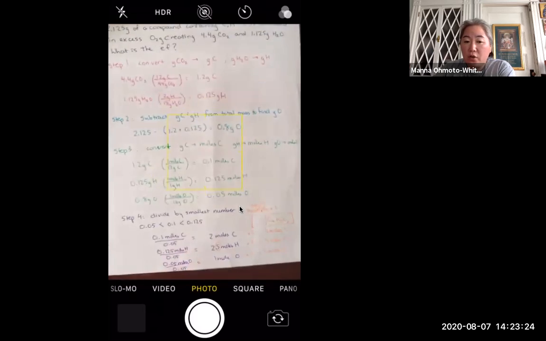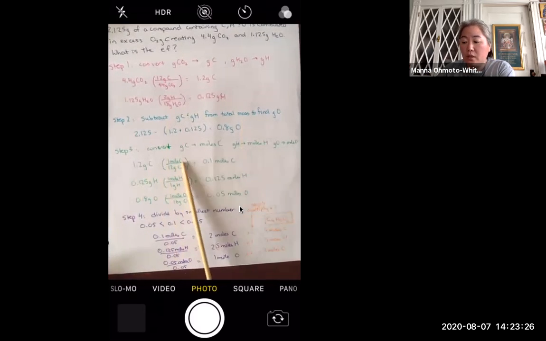Then I convert everything to moles using their molar masses. So 1.2 grams of carbon is equal to 0.1 moles of carbon. 0.125 grams of hydrogen is equal to 0.125 moles of H, and 0.8 grams of oxygen is equal to 0.05 moles of O. Then I divide by the lowest number.